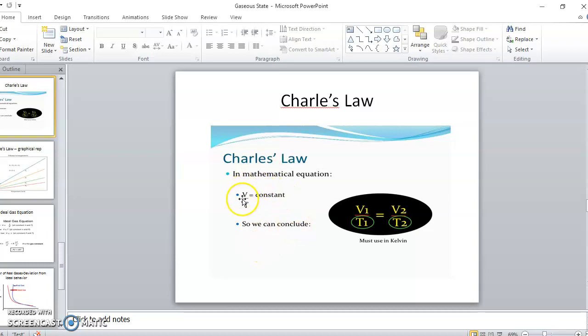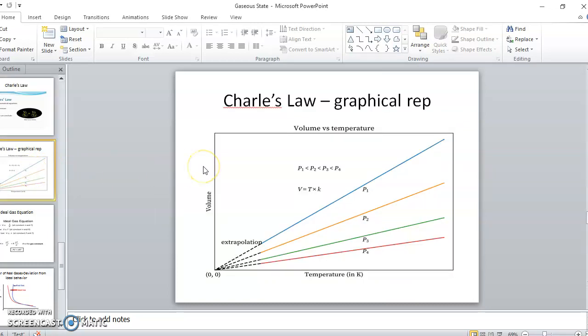So we can write V by T is equal to a constant, or V1 by T1 = V2 by T2. Now we have a graph of volume against temperature. Since it is of the form V = K into T, or Y = Mx, it is a straight line graph with a positive slope, and the slope is equal to K.